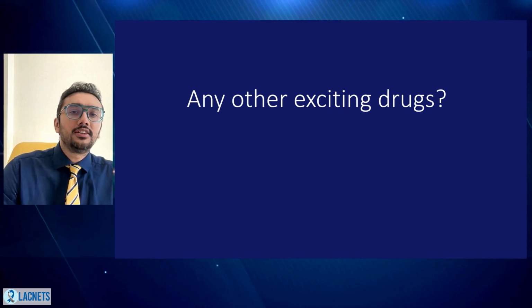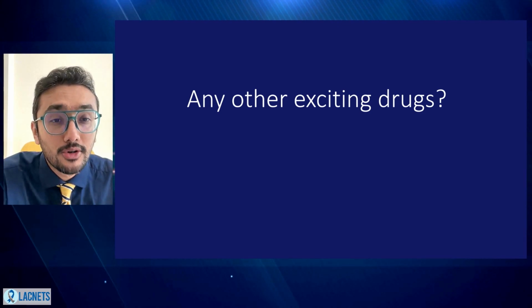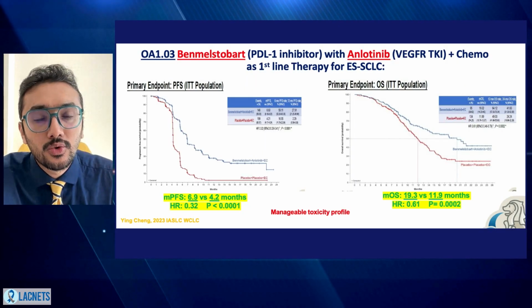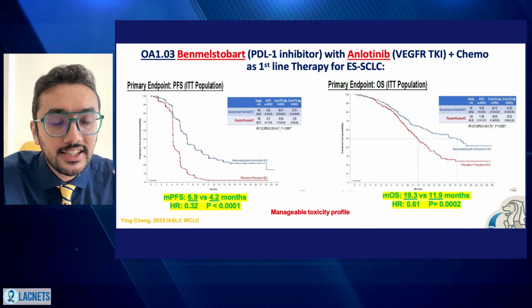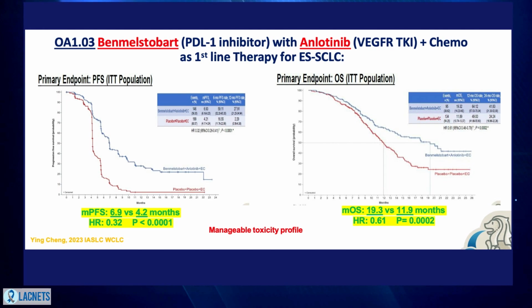Just for completion, besides the DLL3, are there any other exciting drugs when it comes to small cell lung cancer, large cell neuroendocrine cancer of the lung? Last year at World Lung Meeting, a large phase 3 study from China suggested that combination of this novel VEGF TKI called anlotinib, when combined with standard immune checkpoint inhibitor, led to improvement in overall survival when this combination was added to standard of care platinum-based chemotherapy.